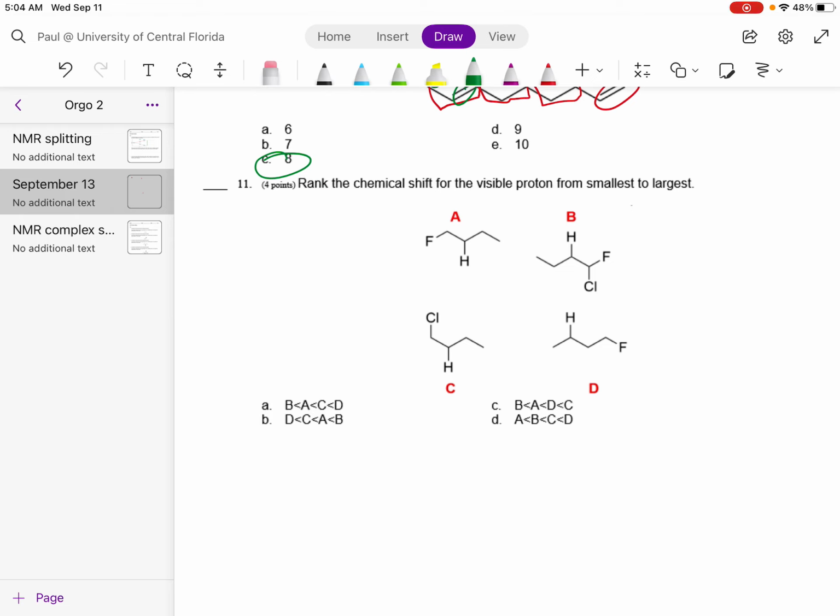So right from the start, I can see that this guy's going to be the greatest. Wait, am I misreading this? Let's take a pause here. Rank the chemical shift from the visible proton from smallest to largest.